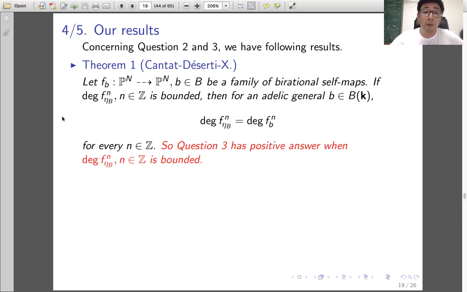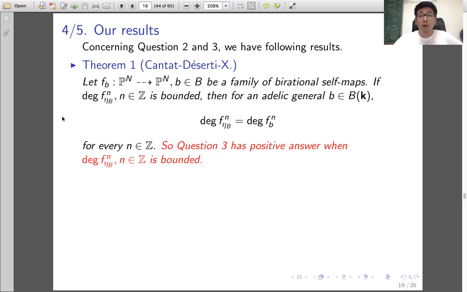We first have the first result, which is as follows. Let F: P^n ⇢ P^n, b ∈ B be a family of rational self-maps, and assume that the degree sequence at the generic point, deg(F_η^n), n in Z, is bounded.